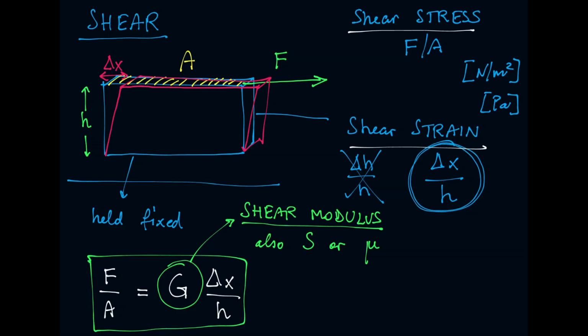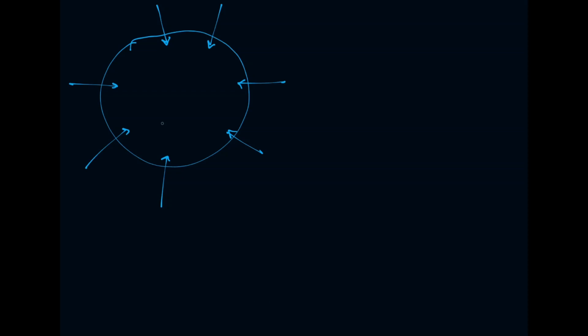Very nice. And last but not least, you can think of an object, for example, when you immerse a balloon in water, or in a pressurized tank, where let me draw it maybe as a sphere, and where there's a pressure applied uniformly to this object in all directions.